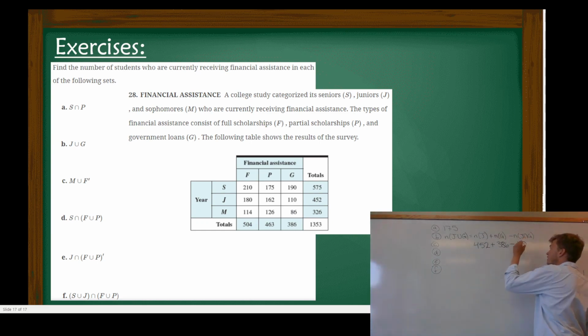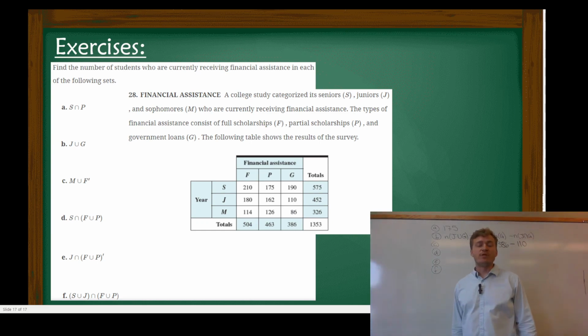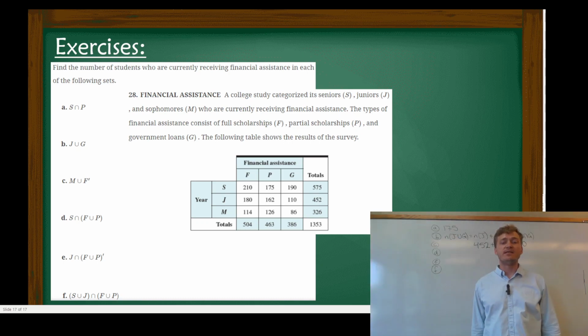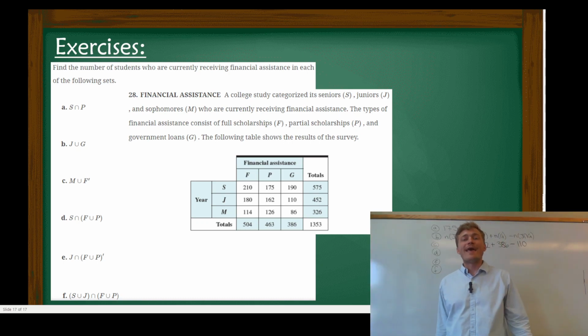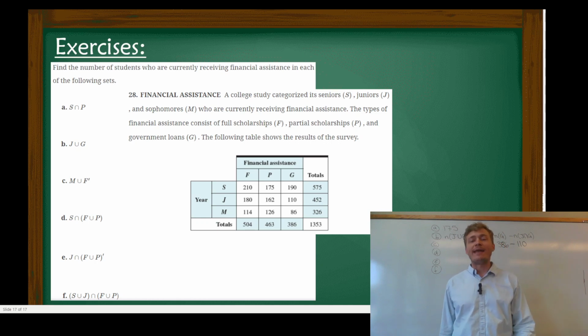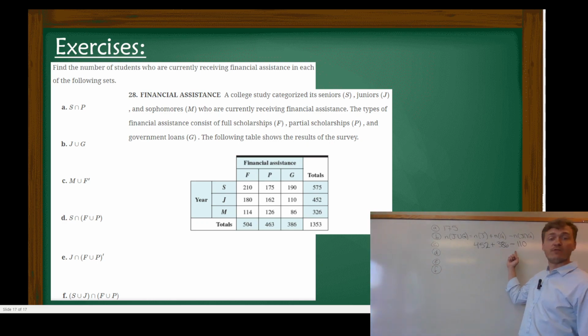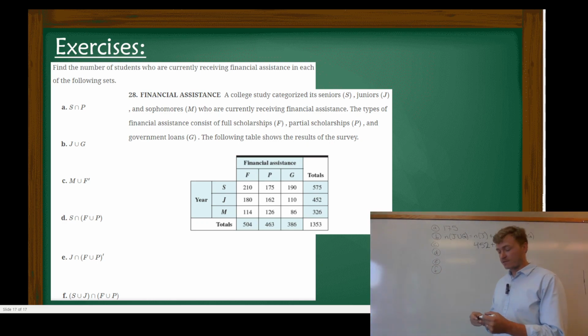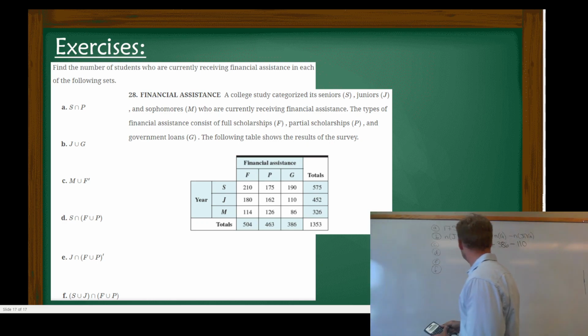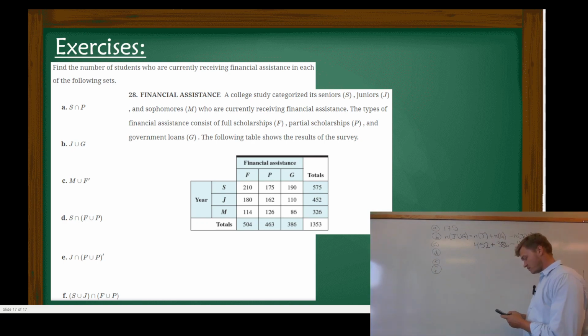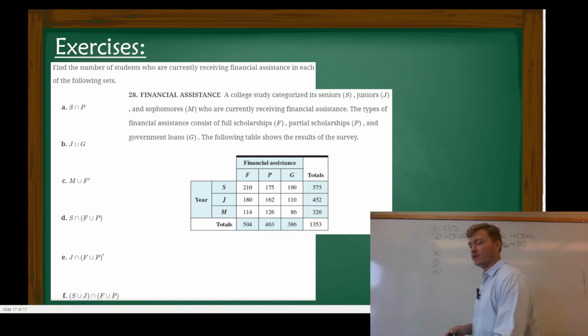The reason why we are subtracting 110 is because 110 is included in the total of 452. 110 is included in the total of 386. We added it twice. Because we added it twice, we need to go back in and subtract it once, which is what the formula tells us to do here. So we're going to add our first two numbers, 452 plus 386, to get 838, and subtract 110 for part B, 728.